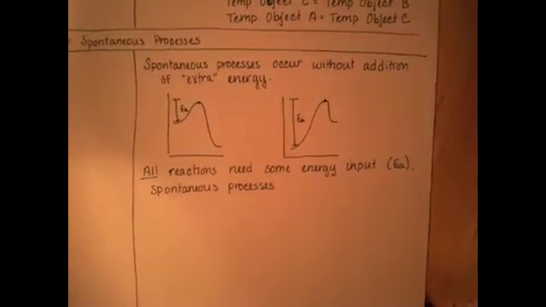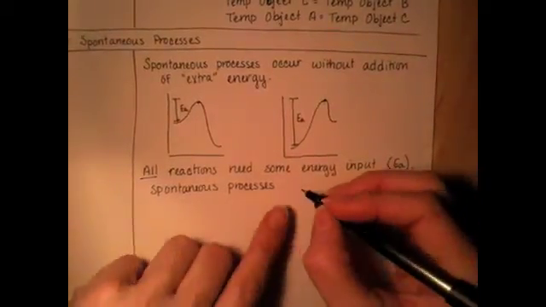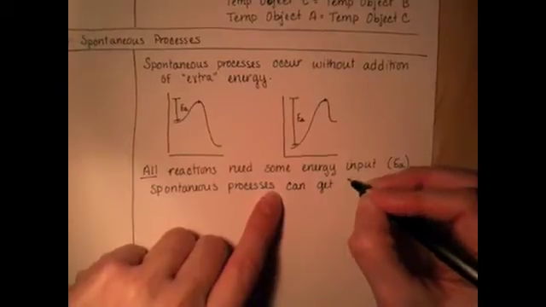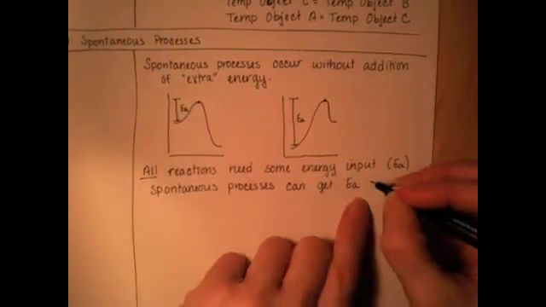Spontaneous processes are able to get their activation energy naturally from the surroundings. So they don't need a chemist or somebody to come along and dump extra additional energy in.